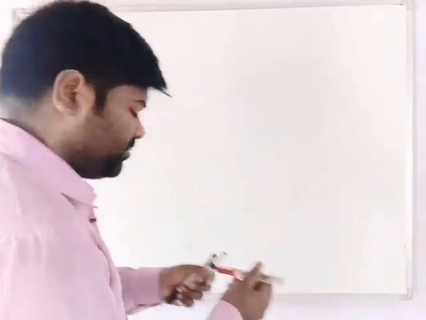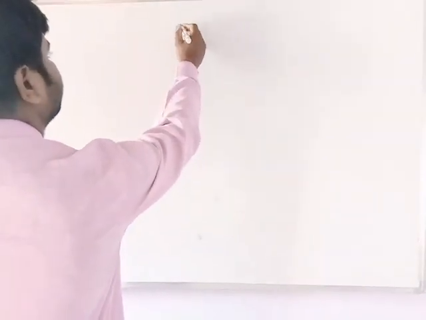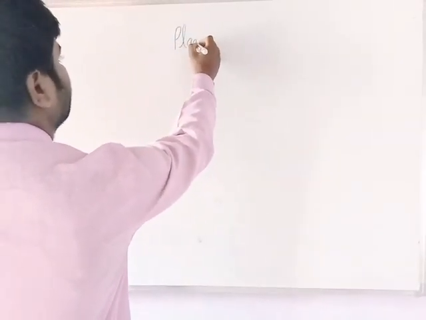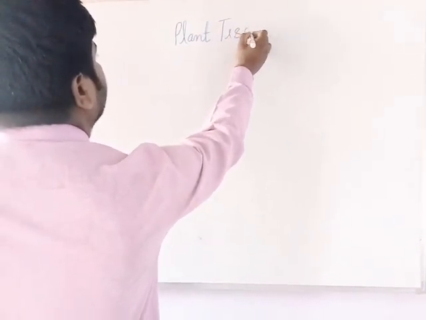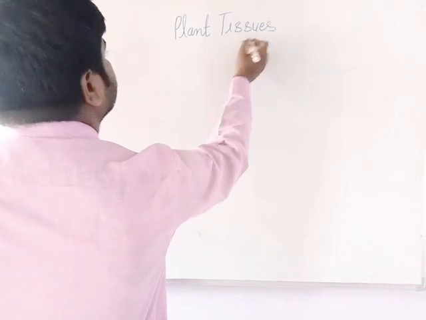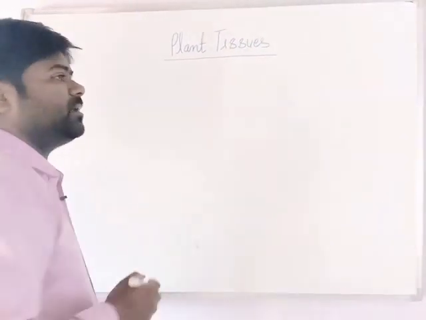Let us discuss the next topic of this chapter, that is plant tissues. Tissue introduction we finished, and today we are going to discuss plant tissues. As I taught you earlier, plants grow throughout their life.